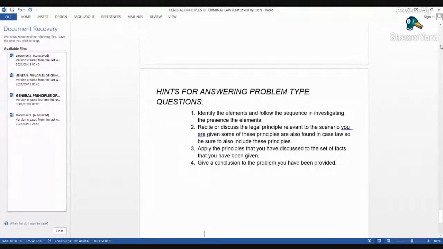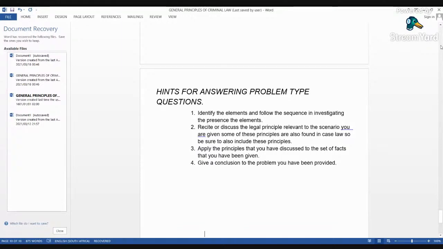And then the third part, you go now to apply. You bring in those principles and you bring them into your problem, to your given scenario. So now you're talking about X did not act because in criminal law, an act only gives rise to criminal liability, not culpability, if it is voluntary.